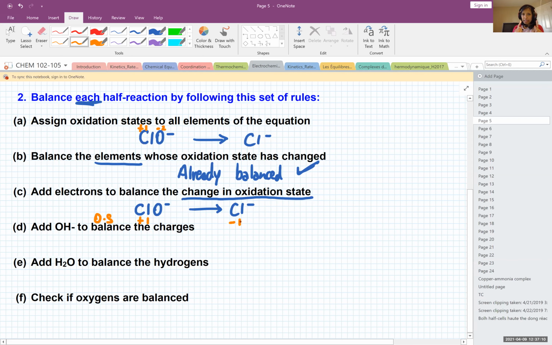I need to balance that change, from +1 to -1, by adding the right number of electrons to the correct side of my equation. So where do you think I will need electrons? On the reactant side or product, and how many? You'd need 2 on the reactant side, right? Okay, perfect, thank you. So we will need 2 electrons on the reactant side in order to balance.